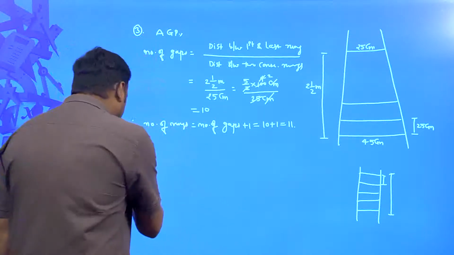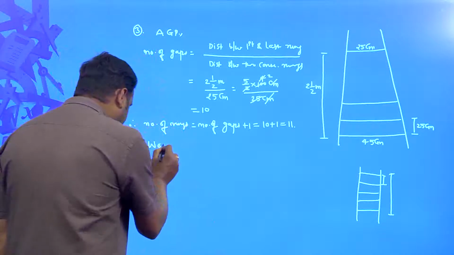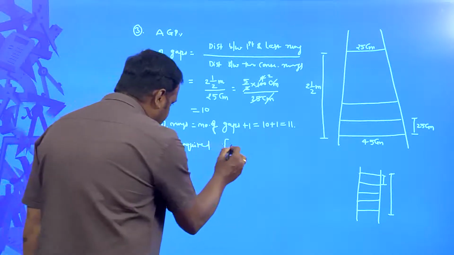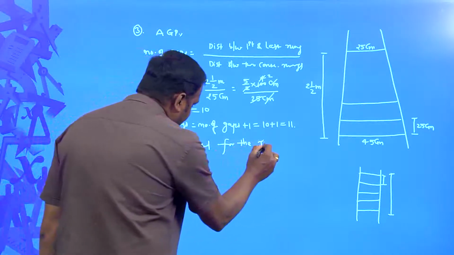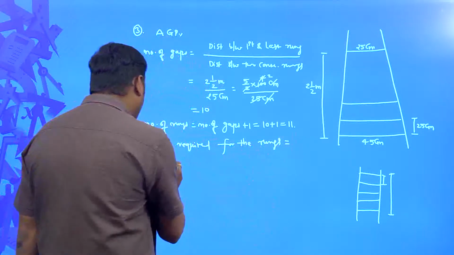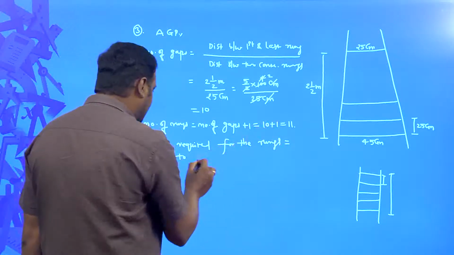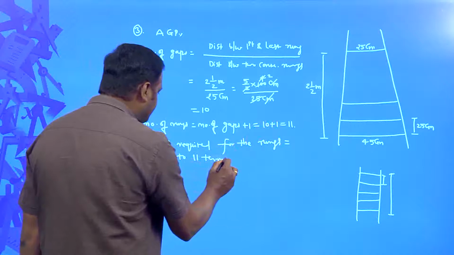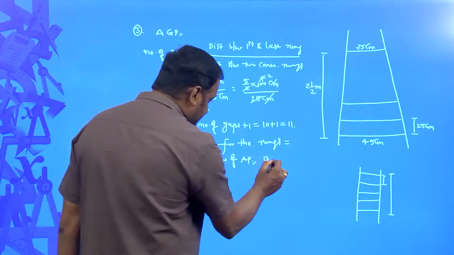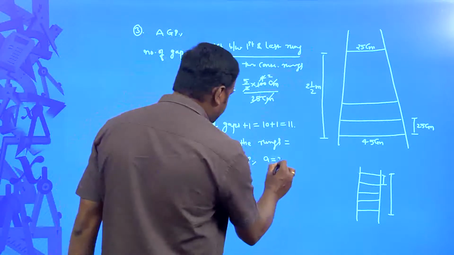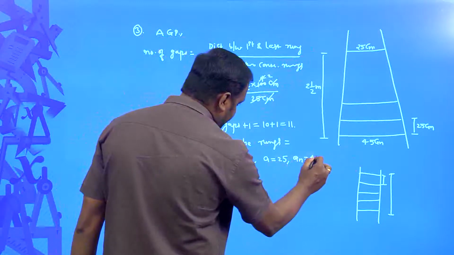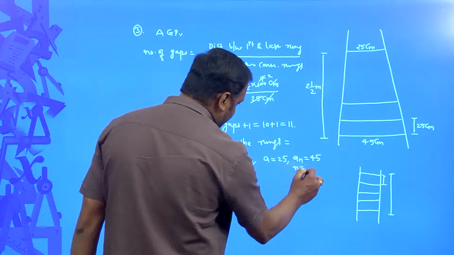So, therefore, wood required for the rungs is equal to the sum of how many terms? Sum to 11 terms of AP, in which the value of A is going to be the first rung, that is 25 centimeters, and An is going to be 45 centimeters, and then n is going to be 11, right.